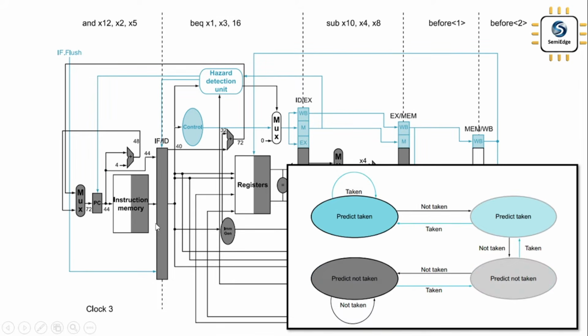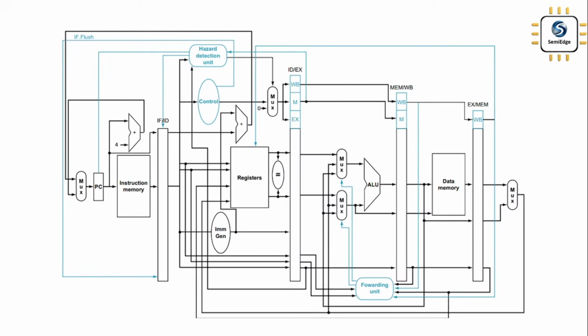Then branch prediction actually guesses the path early to save time. Both help us avoid wasting cycles and keep the pipeline flowing. So far, we have built a full pipeline processor with pipeline stages, hazard handling, forwarding, and branch control. It's now a working pipeline RISC-V data path.